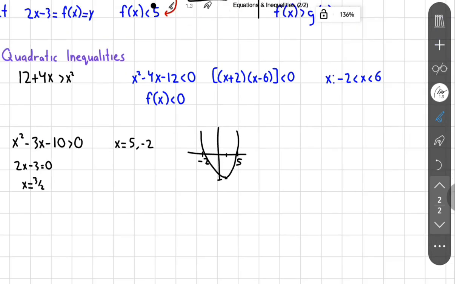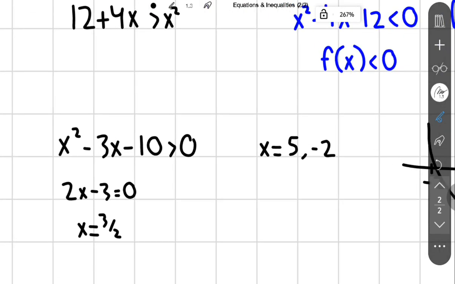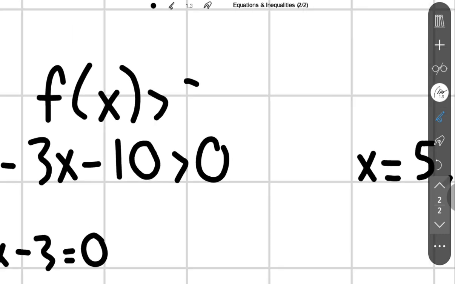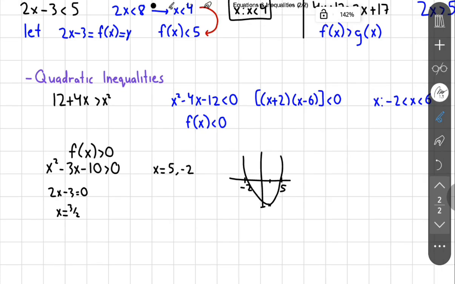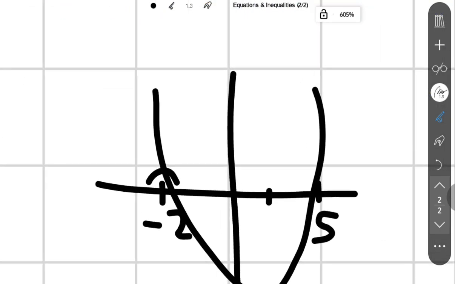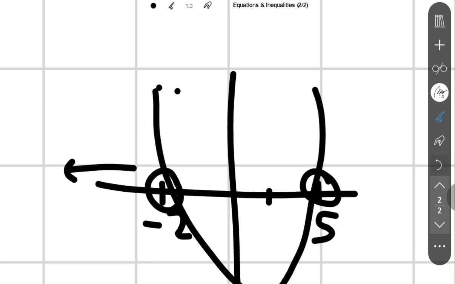So now, if we were to look at the inequality again, it wants the x values that correspond to this function being greater than 0. Okay. And if you actually look at the roots that we already solved, at x equals negative 2 and x equals 5, you'll notice that when x is less than negative 2, the values of y are above 0.